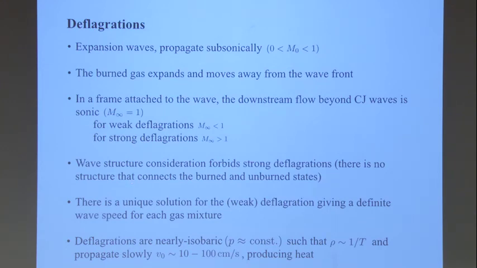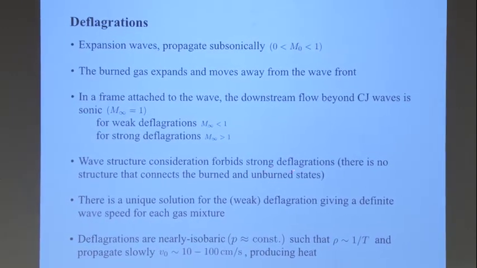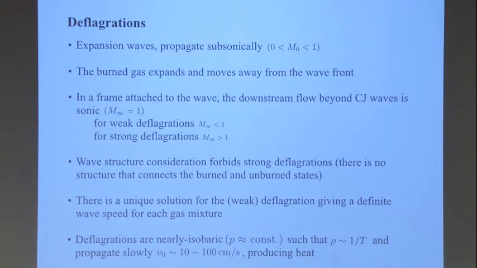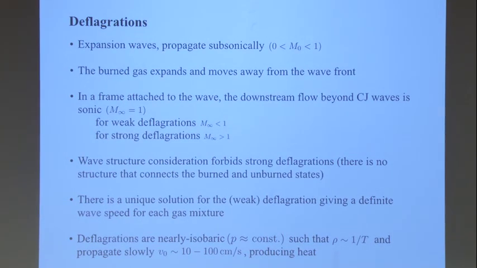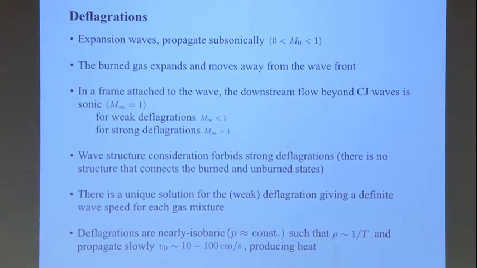Okay, here is an important result that I'm not proving, but just stating. The wave structure, which is something related to the existence of such trajectories, prohibits the existence of strong deflagration. So strong deflagrations simply do not exist. And weak deflagration, it's what we call flames, okay? So in other words, there is no structure that connects the burned to the unburned state of a strong deflagration.